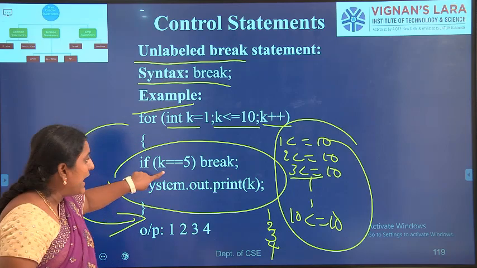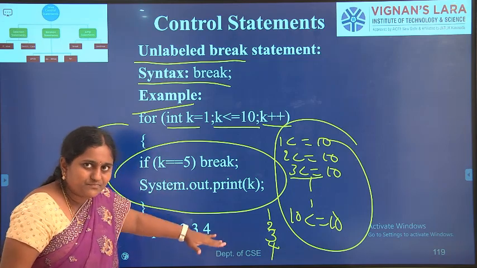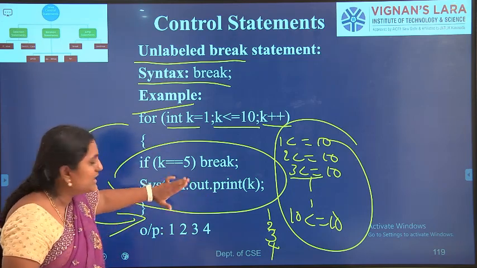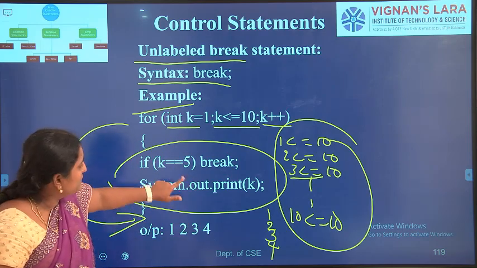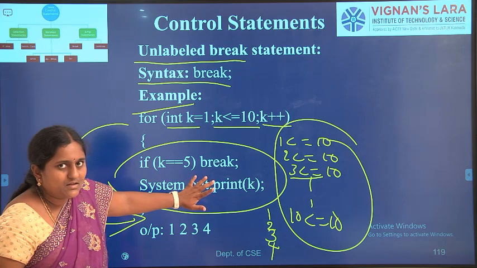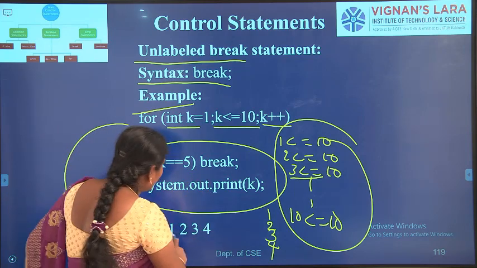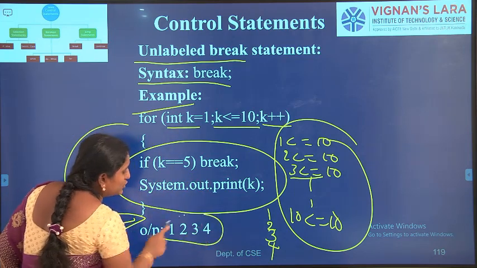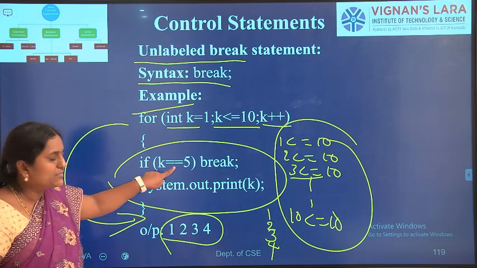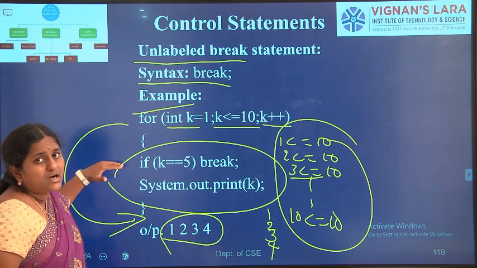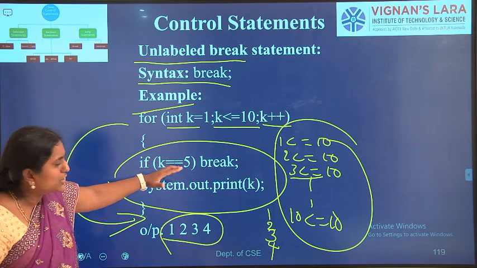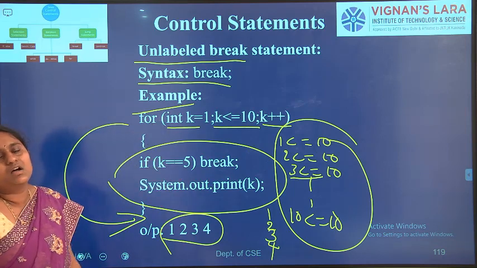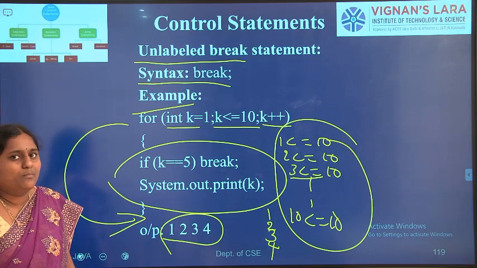Next, if k equal to 5, break. Whenever control executes these statements, the output you get is only 1, 2, 3, 4. When the fifth iteration is under execution and k equal to 5, we stop the iteration of the for loop.